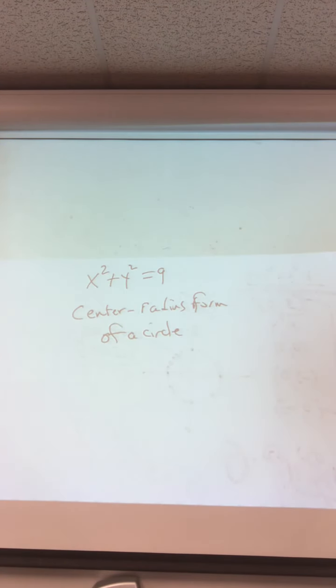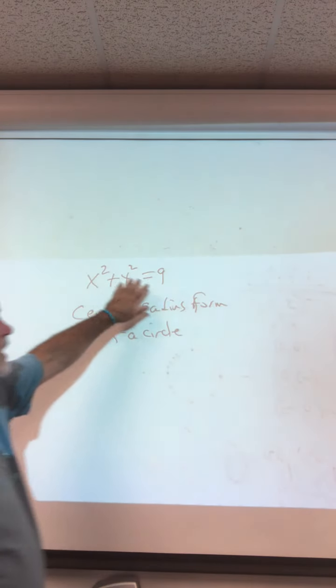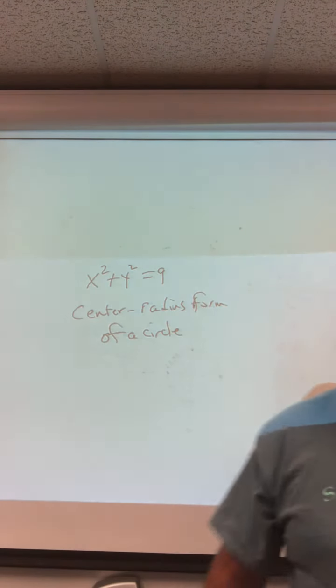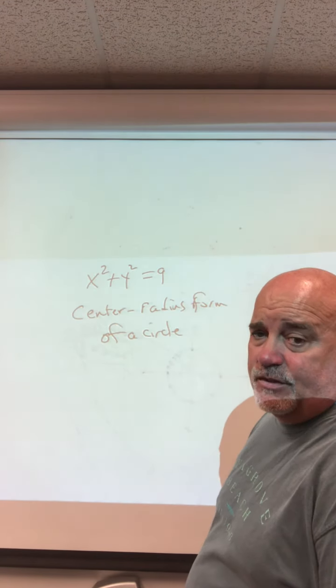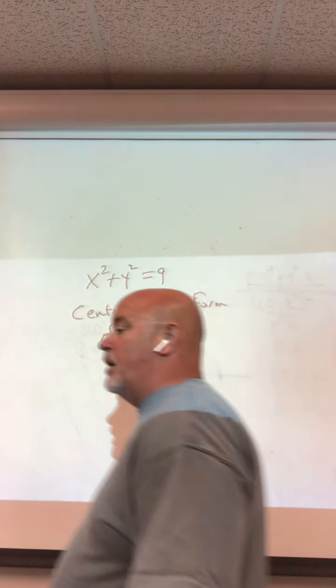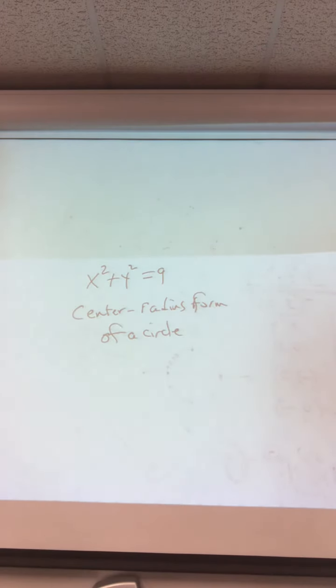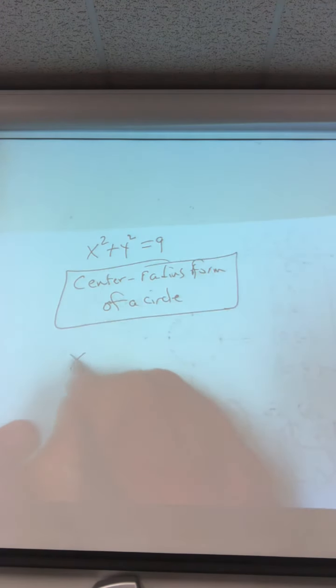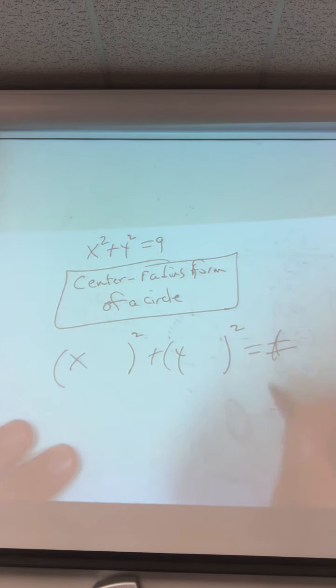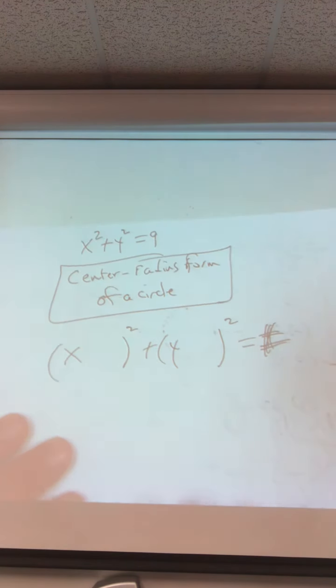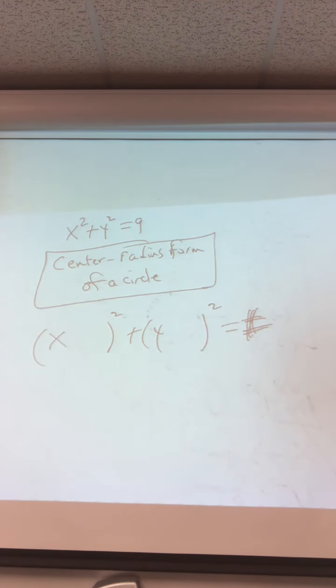We call x squared plus y squared equal 9 the center radius form of a circle. So in other words, every circle, if it's in center radius form, is going to have an x squared term, it's going to have a y squared term, and there's going to be a number over here.